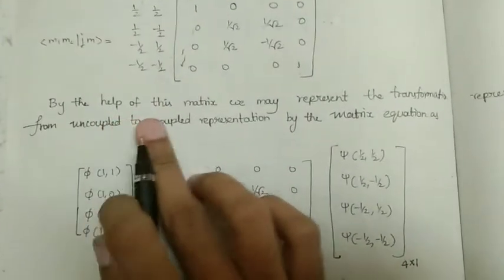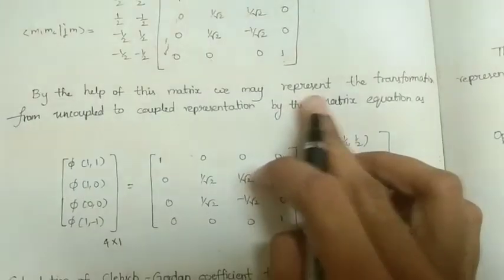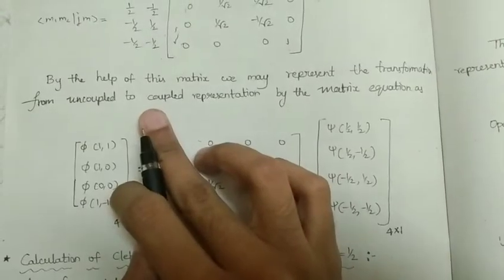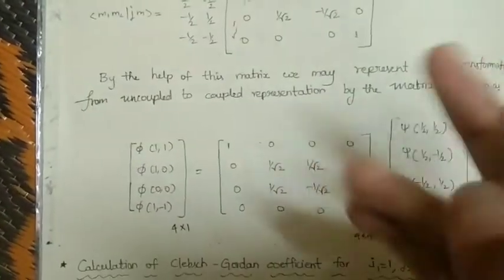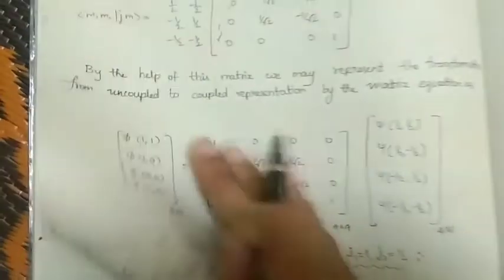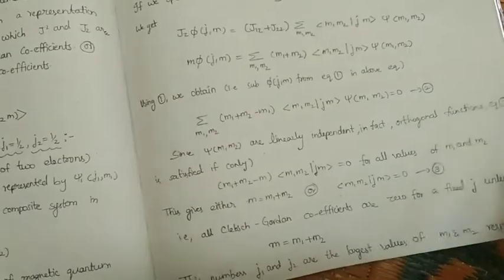With the help of this matrix, we may represent the transformation from the uncoupled to the coupled representation by a matrix equation. The transformation equation we need to consider is this equation. This equation can be represented in matrix form as follows.